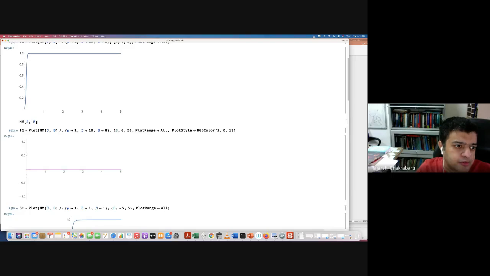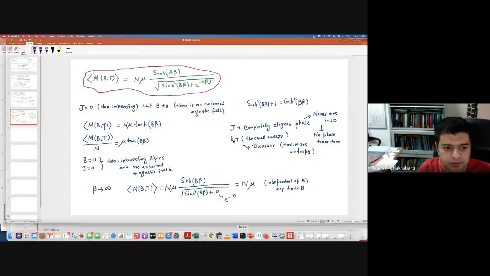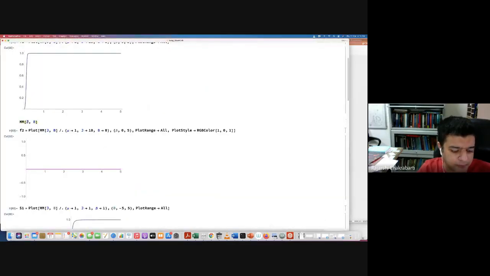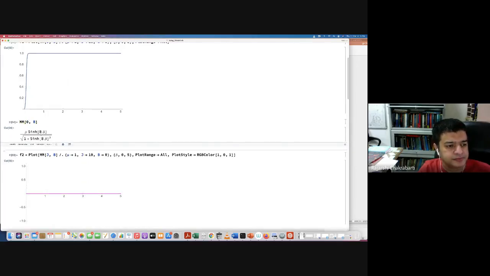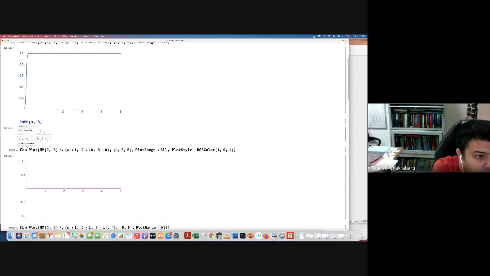So your... what is that? In this case, where your J is 0, is the expression, no? This expression, you can simplify it actually. I don't know whether it will do. Try.